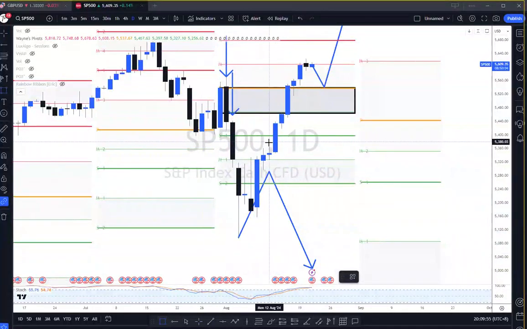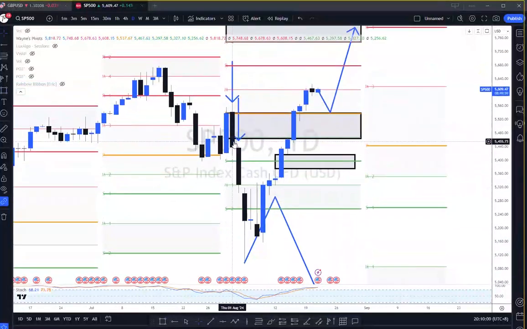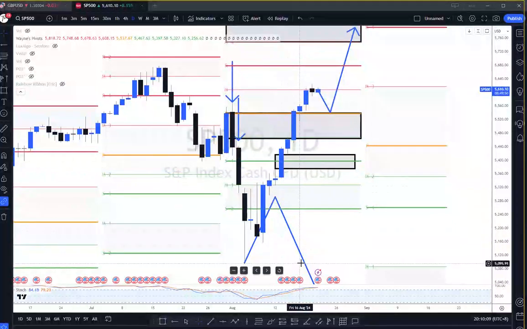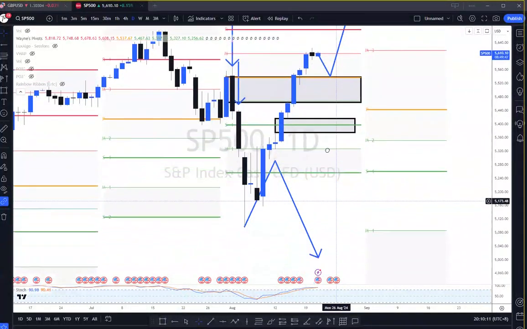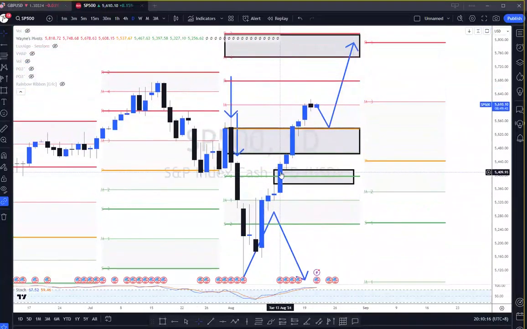So this area here probably signifies any sellers who decided to target this low here, trailed the stop loss, and were not able to get that push down to this area again. And what happened was that their trail stops were being triggered, and the 13th of August, which was last Tuesday, was the time where you see these trail stops all being triggered.